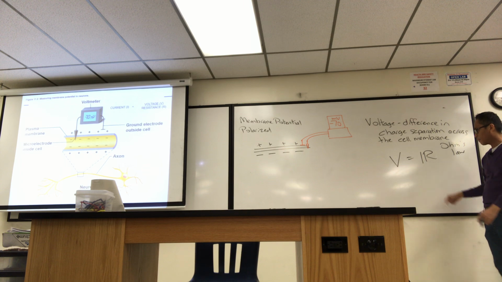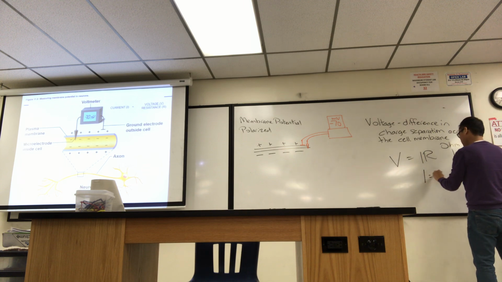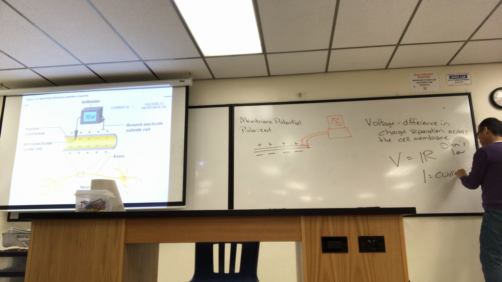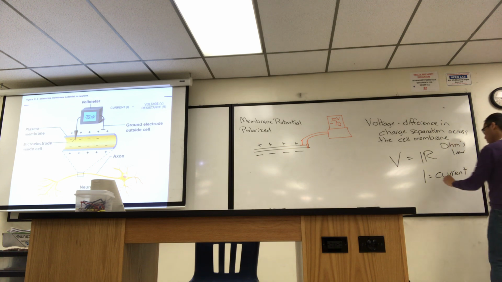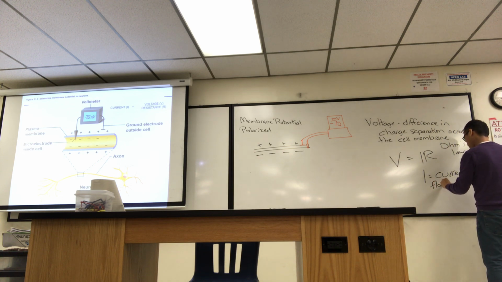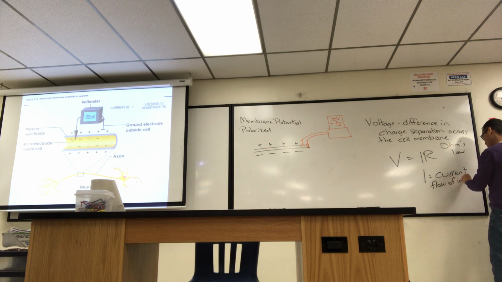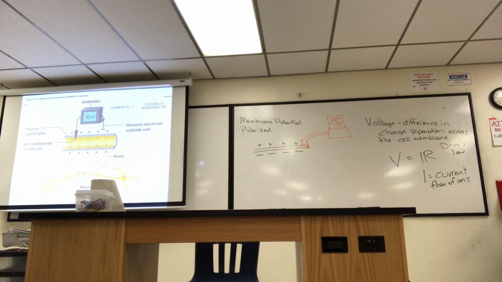So in physics, I is current. Current is the flow of ions from one place to another. Well, in our case, it would be across the cell membrane. That's why we would be interested.